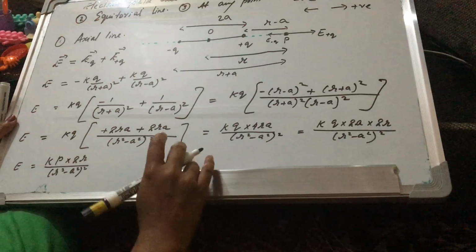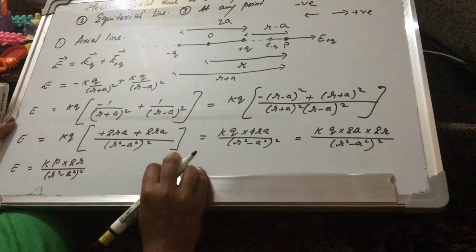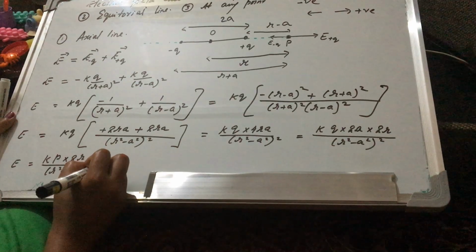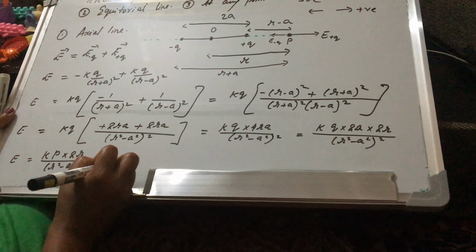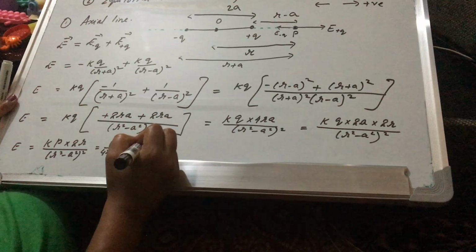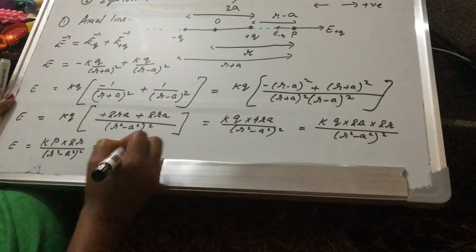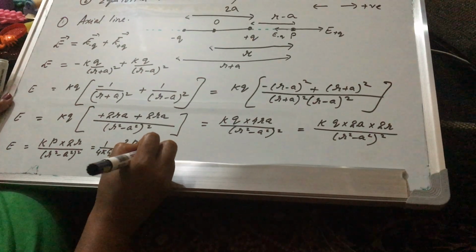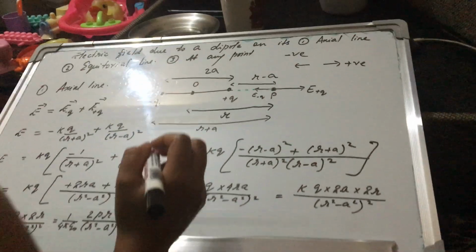Now K is what? Let me write it in a problem. K is 1 by 4 pi epsilon naught, so E is 2PR over (R square minus a square) whole square. In the text you will see it in this form, right?